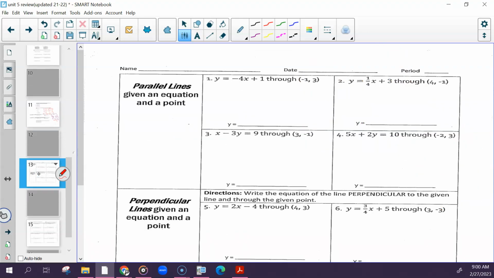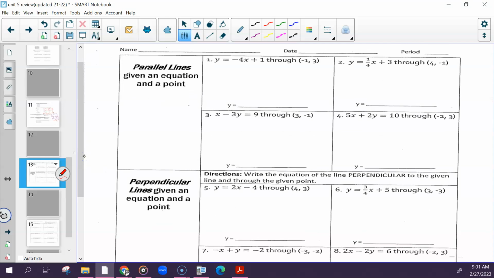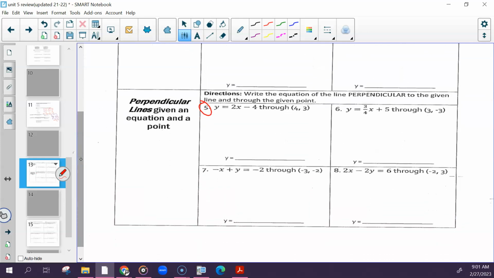Okay. On the next page. Questions on this page. Five. So now we're doing the same thing we just did, but now it needs to be perpendicular.